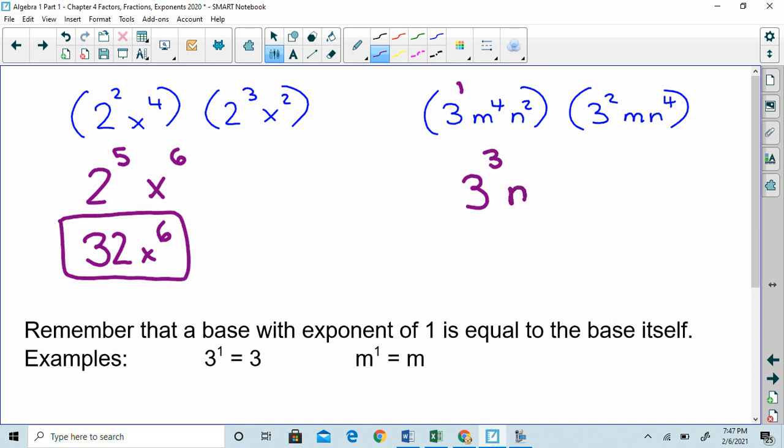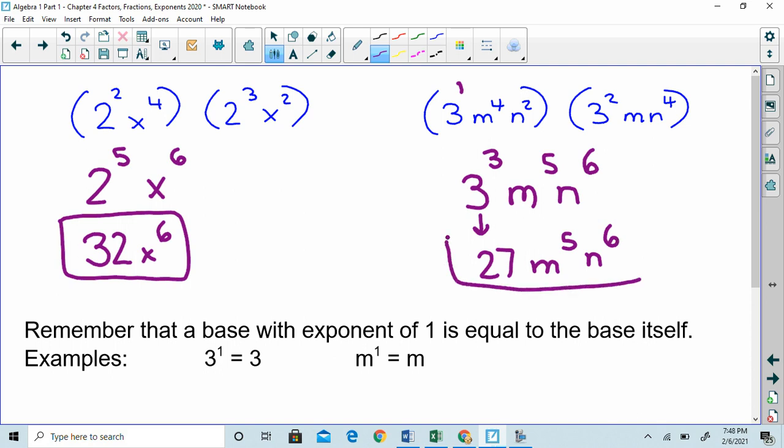I have m to the fourth times m, 4 plus 1 is 5, and n squared times n to the fourth, 2 plus 4 is 6. Once again, I see a number base, 3 times 3 times 3, we get 27, m to the fifth times n to the sixth. And there you have, again, evaluated this expression.